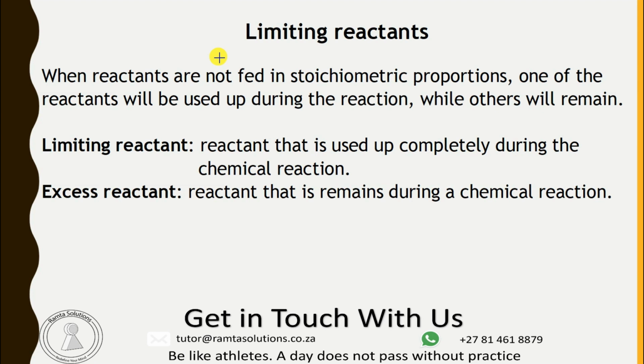So now, what is happening is this. With limiting reactants, if, for example, you are dissolving aluminum into hydrochloric acid, you want to know the exact values that would allow you to not have waste.